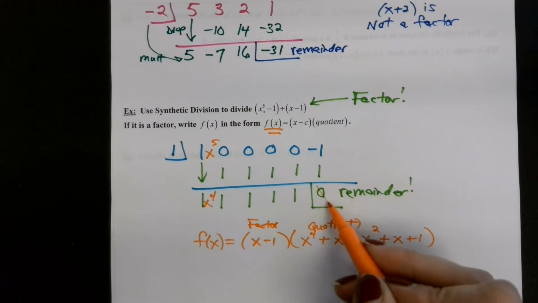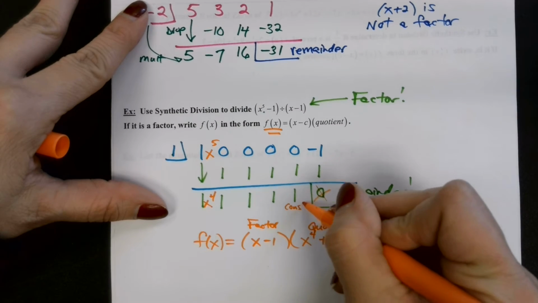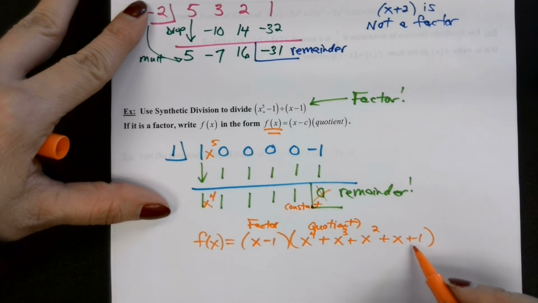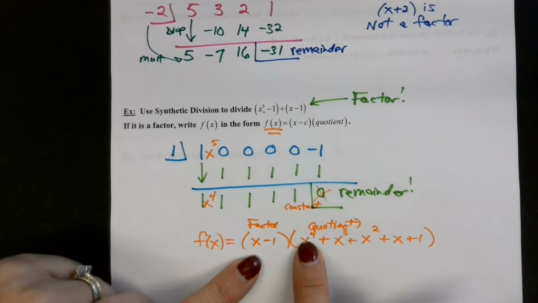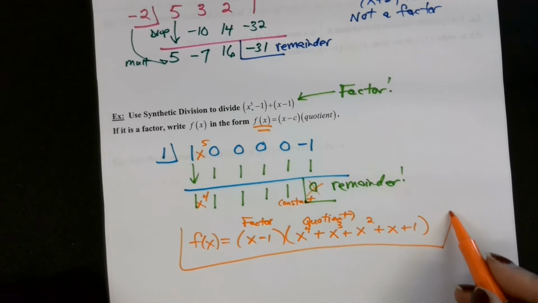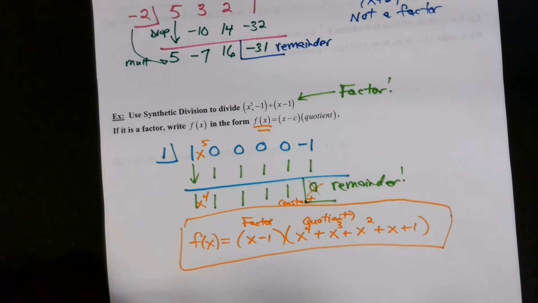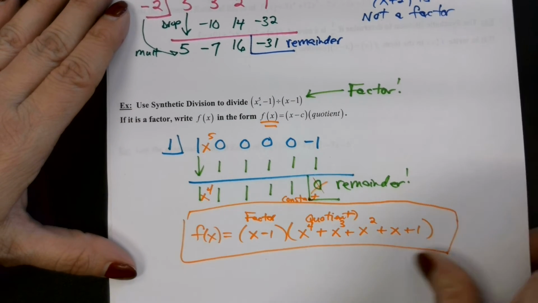That one doesn't count, that's the remainder. This last number right here is always going to be the constant. The constant gets no variable. And if I were to multiply x times x to the 4th, that would make x to the 5th. So this is exactly how we're going to write our answers, and this is exactly what we're going to be doing this chapter, trying to factor. All right, let's try again.